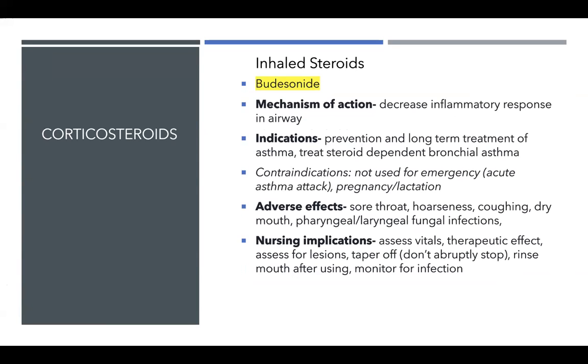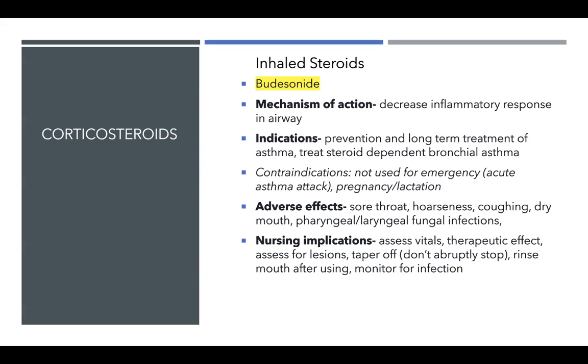So corticosteroids, these are also going to be inhaled steroids like budesonide. They work by decreasing that inflammatory response that occurs in the airway. They're going to be indicated in the prevention and long-term treatment of asthma, and also treating steroid-dependent bronchial asthma.